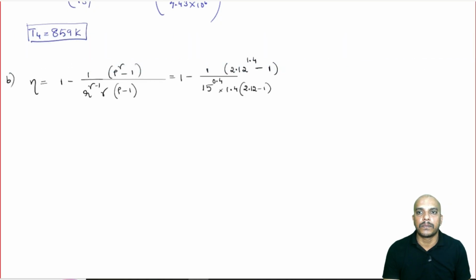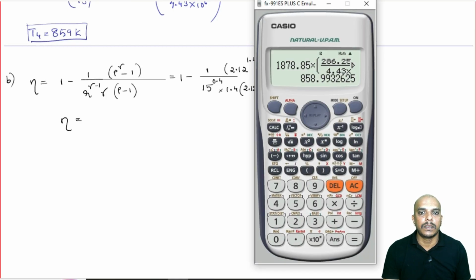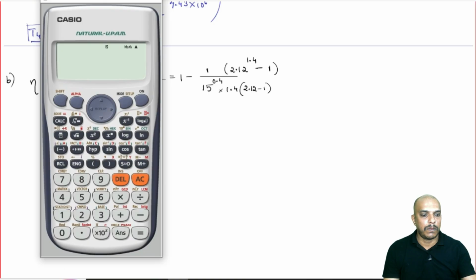This shall give us the answer for efficiency. So, let us solve this equation now. 1 minus 2.12 power 1.4 minus 1 divided by 15 power 0.4 into 1.4 into 2.12 minus 1.